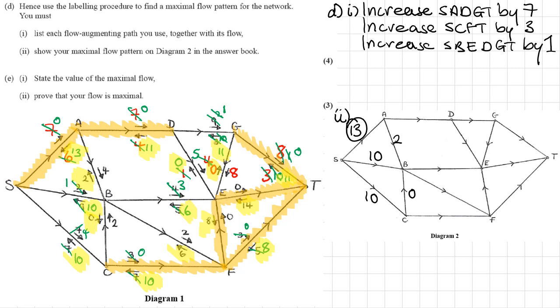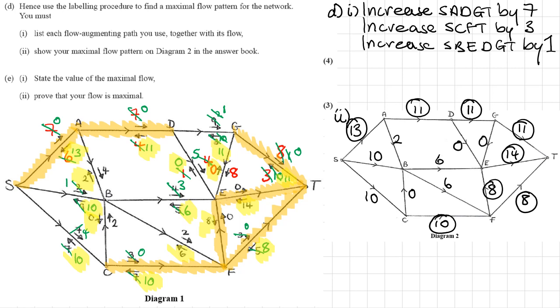Then it's going to be 6 and 6, 10 down here, circle that one because that's saturated, 8 over here, saturated, there's another 8 over here, that's saturated, 14 E to T, saturated, G to T, 11, saturated, D, G, that's saturated there, AD is also saturated. Anything else? D, E, that's going to be 0, and GE is also 0.